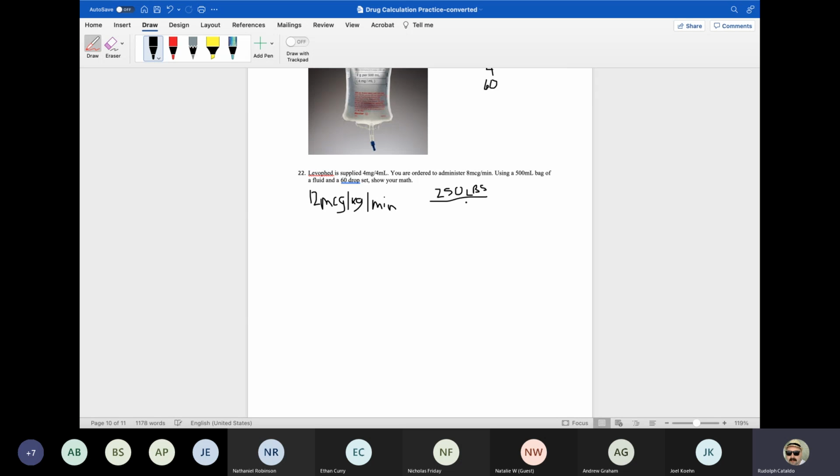So divide in half, sorry, gets me 125. If I subtract 10% of 125, what do I get? 113. Okay, 113. So there's our kilograms.